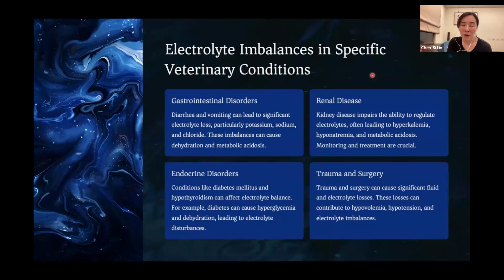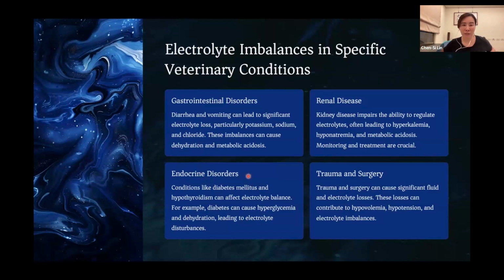For the kidney problem, as we mentioned before, the kidney is important, as well as endocrine disorders. These two factors are important in regulating the balance of electrolytes.